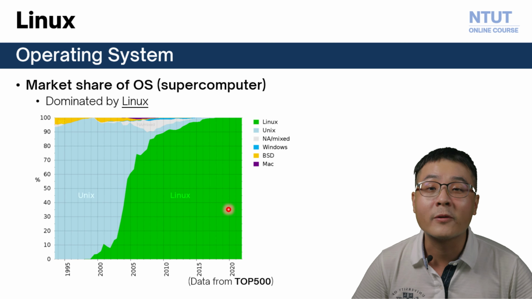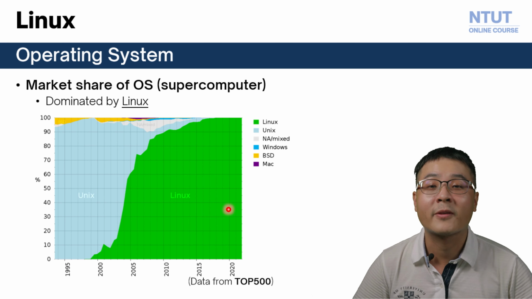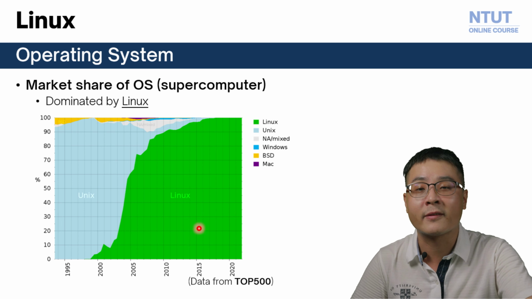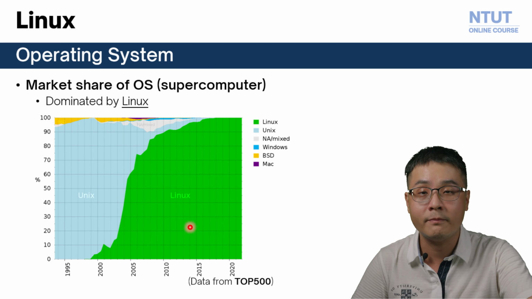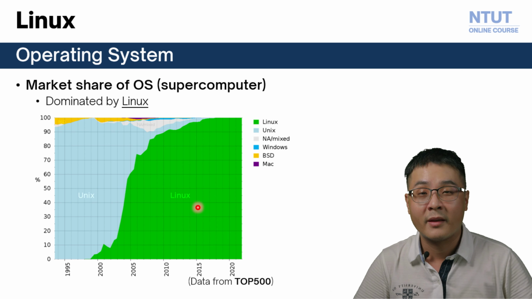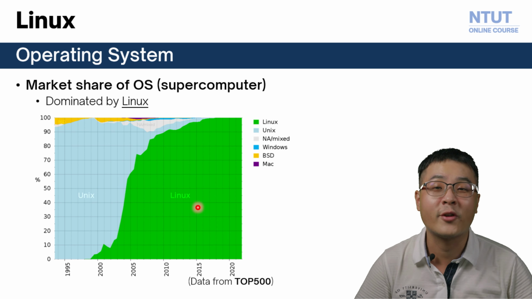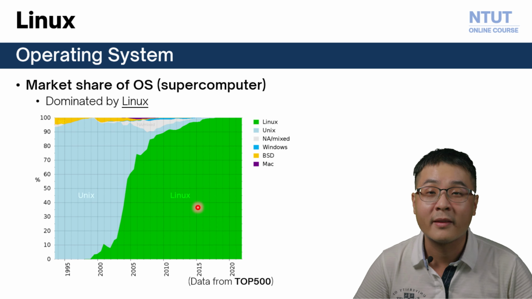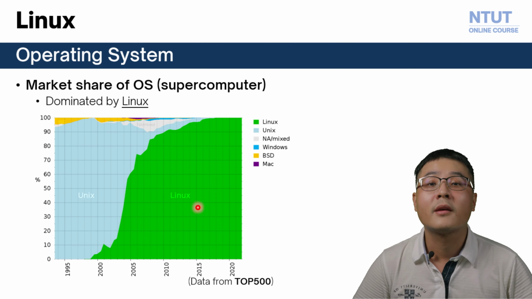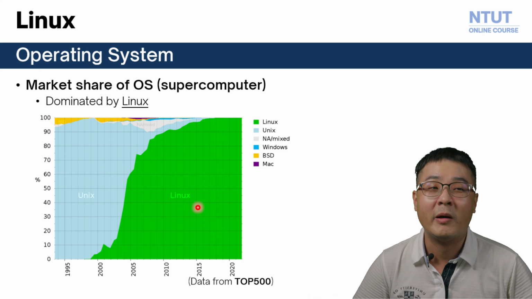But as for the market share of operating systems in supercomputers, it is dominated by Linux. So you can see the ratio. Previously, it would be Unix, and later it became Linux. And the share of the Linux operating system in supercomputer usage would be 100%.